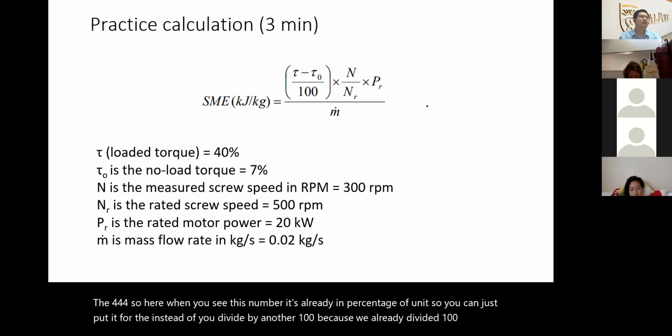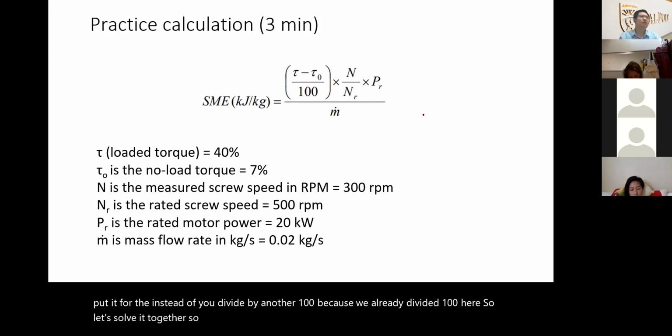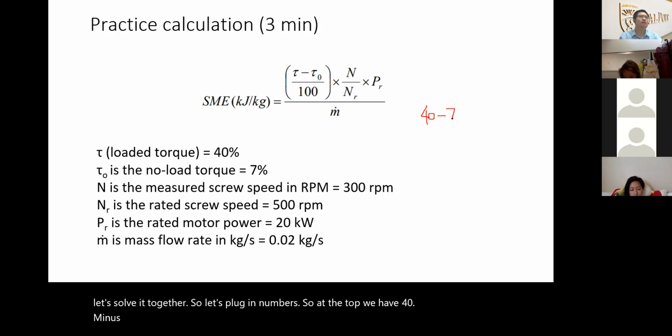So let's plug in numbers. At the top, we have 40 minus 7, divided by 100. That's the torque percentage.